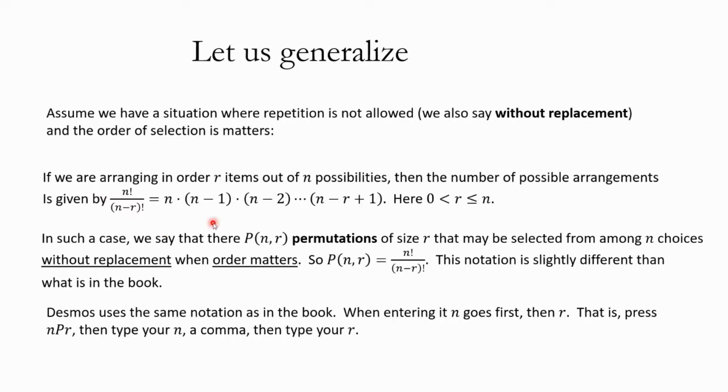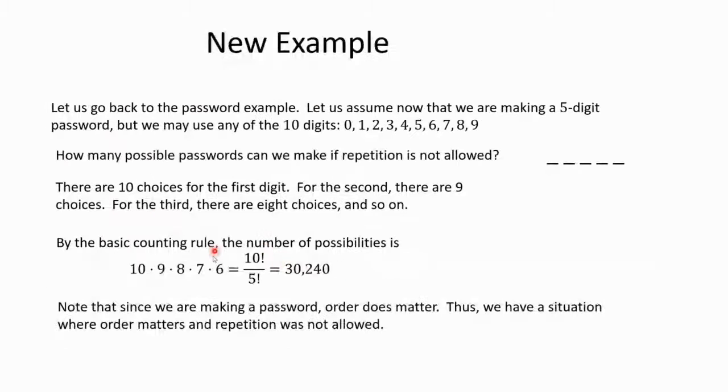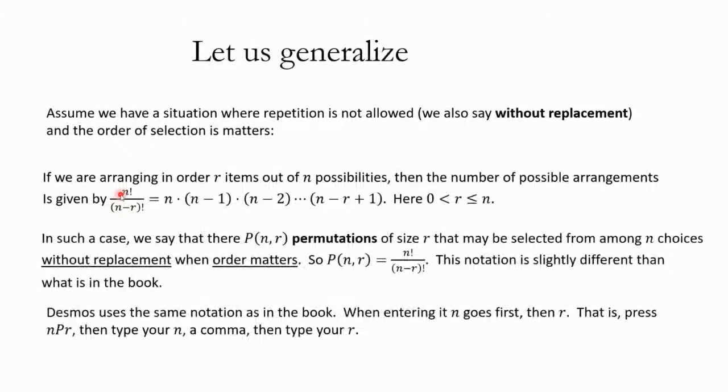You can list r of these n possibilities without repetition and where order matters. The total number of ways to do that is this. It's really the same thing as over here. When you have 10 and 5, it's the same idea. Here it's n factorial divided by n minus r factorial.